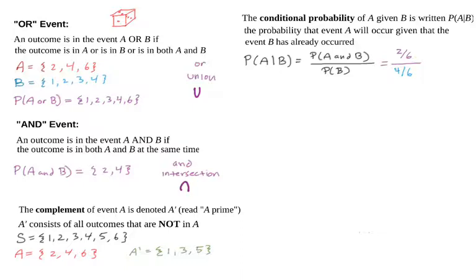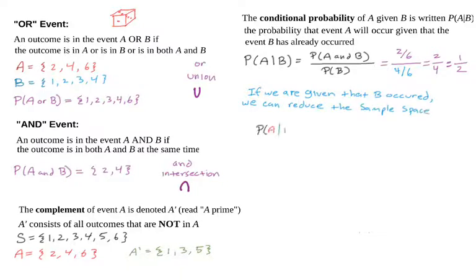And then probability of B, here we have these 4 guys here. That's where that 4 out of 6 is coming from. That's going to give us a half there. Okay, so again, if we are given that B occurred, we can reduce the sample space.